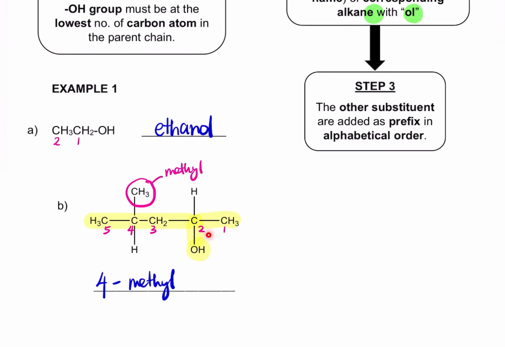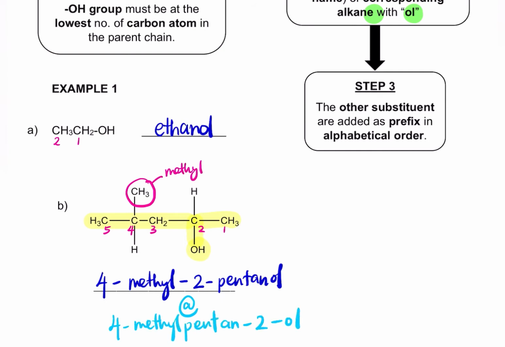So I'm going to give the numbering for OH at carbon number 2, and this is a 5 carbon chain for alcohol. So the name for the parent will be -2-pentanol. You can also write it in another style, which is 4-methylpentan-2-ol. So make sure that if you want to use this style, your parent name -ol must be separated with the number.